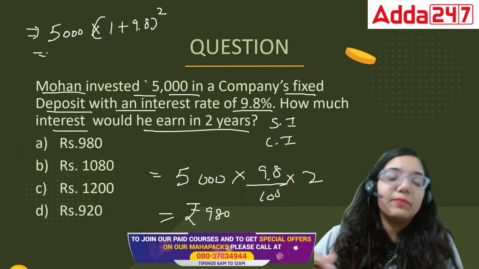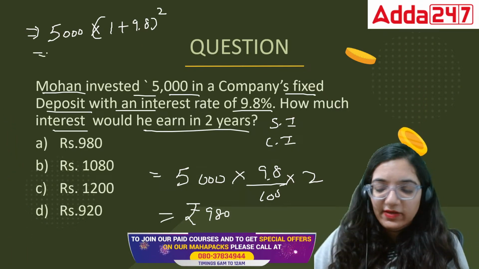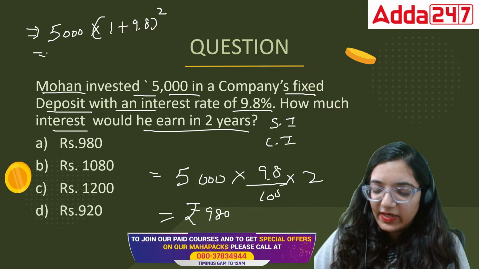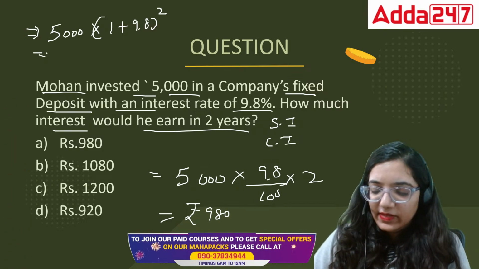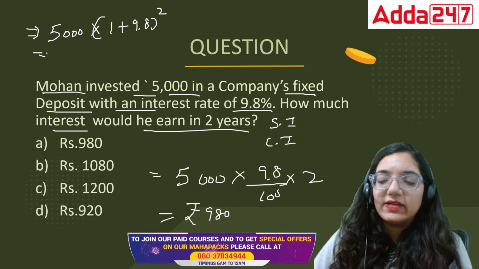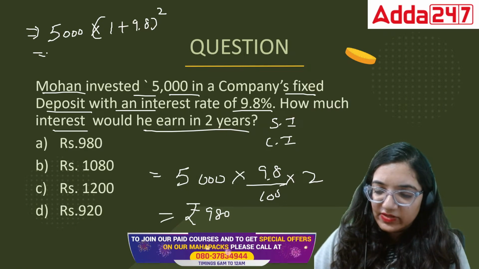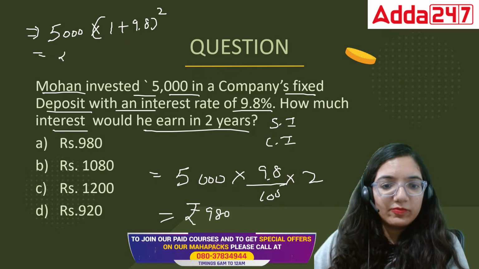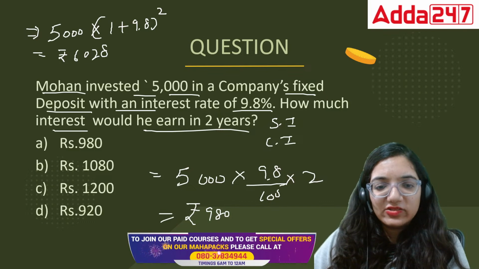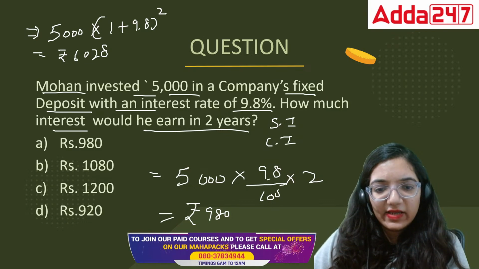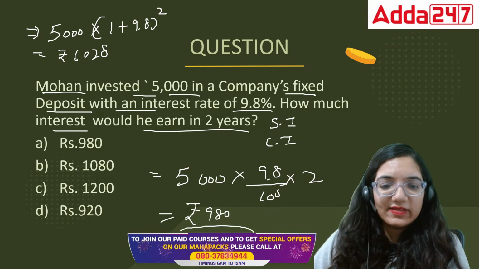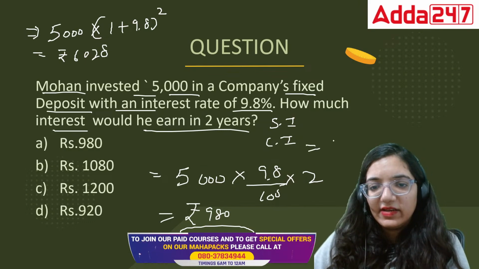This is for compound interest. It turns out to be 1.20 multiplied by 5,000, giving us an amount of rupees 6028, while in this case we are making 5980. Let me just write it here, it is rupees 5980.